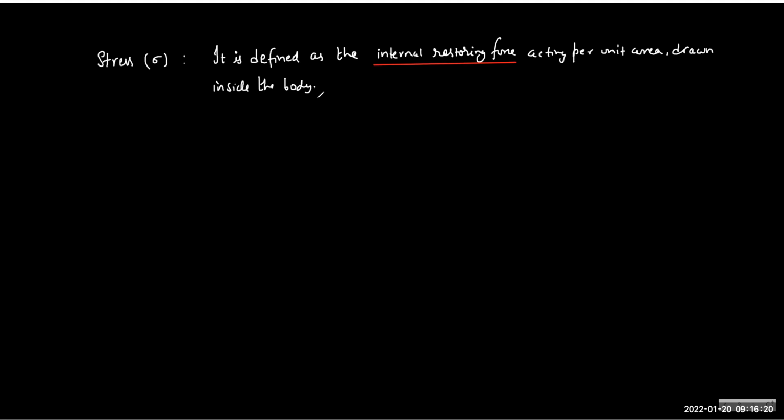And the problem with stress is that it grows in proportion to the deformation. So stress cannot be developed at once. It develops gradually. Pressure is like when you apply force, then pressure is already created.